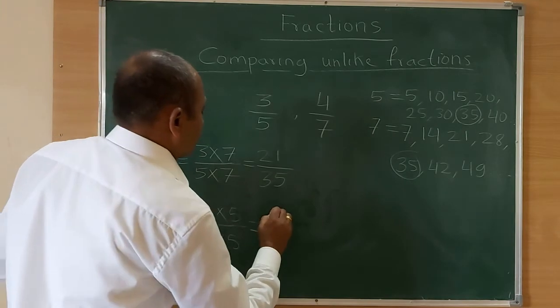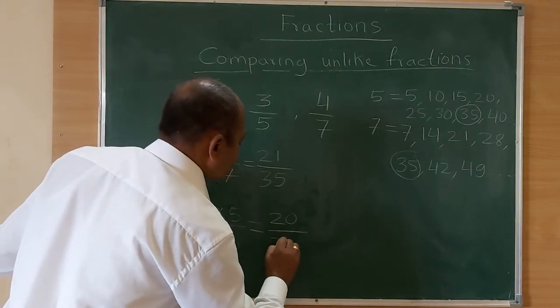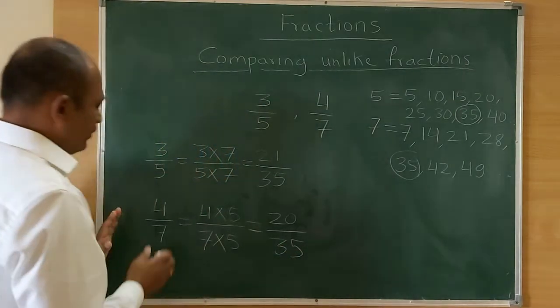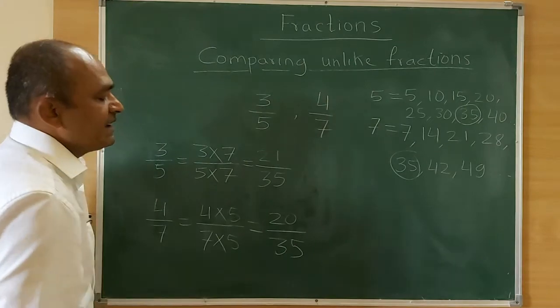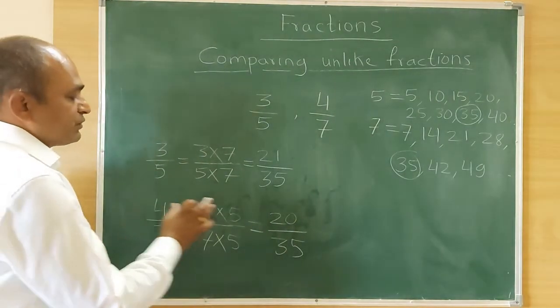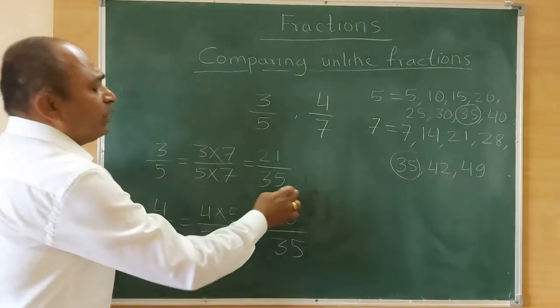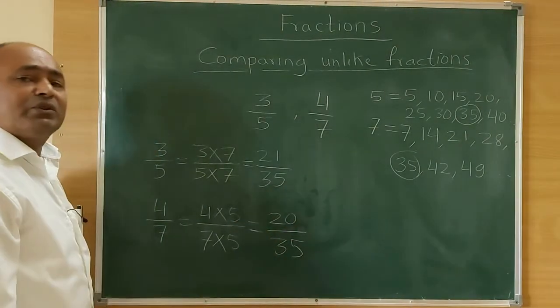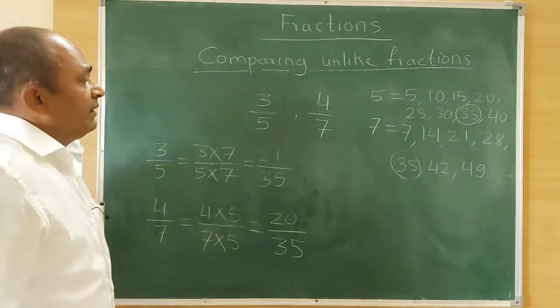So 4 5s are 20 and 7 5s are 35. So the value of 4 upon 7 is equal to 20 upon 35, means these two fractions are same, whether you write 4 upon 7 or whether you write 20 upon 35, their value is same.